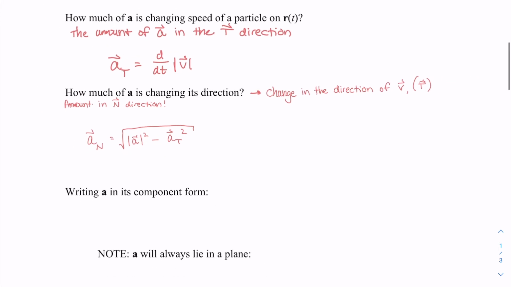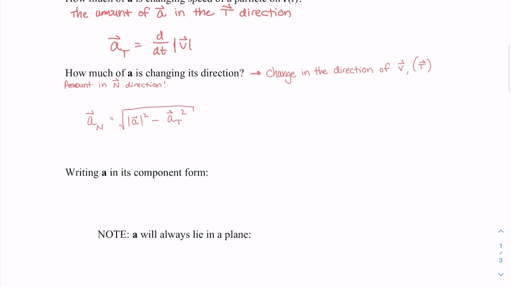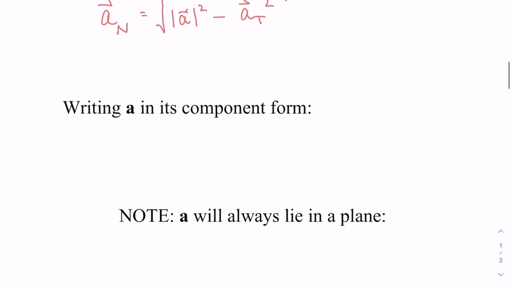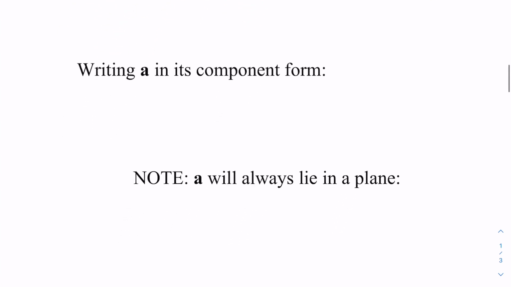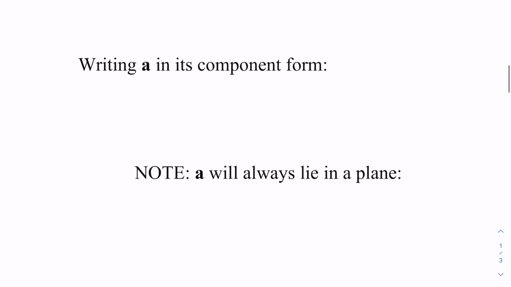So now that we have these two components of acceleration, we can write the entire acceleration vector in its component form. And the way we write that is the whole acceleration vector is equal to the amount of a in the t direction times the unit tangent vector plus the amount of a in the normal direction times the unit normal vector, right?